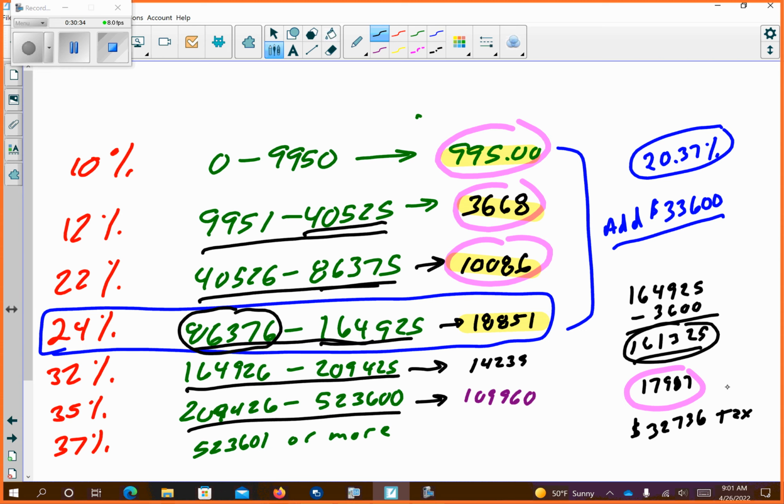They go from $523,601 or more. So basically, they're paying this, probably this. If they're making $1 million a year, it's going to be really hard for them to shelter enough to get back to this column or this row or this row. So would that person be paying their fair share based on this taxable scale?